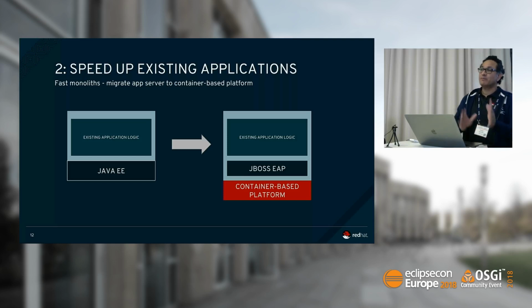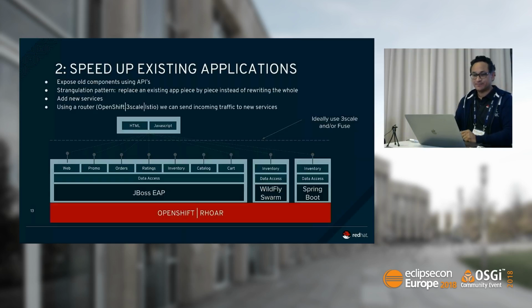Just by moving your monolith to a container-based platform, you will accelerate delivery. Remember the 4 quadrants, 2 of them were related to delivery and deployment. Just by moving your monolith you will address those 2 quadrants on the right, and you will gain benefits from that.